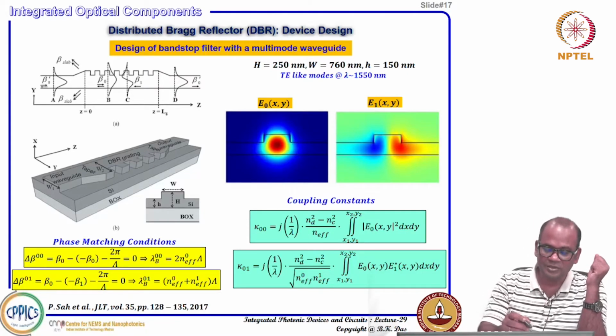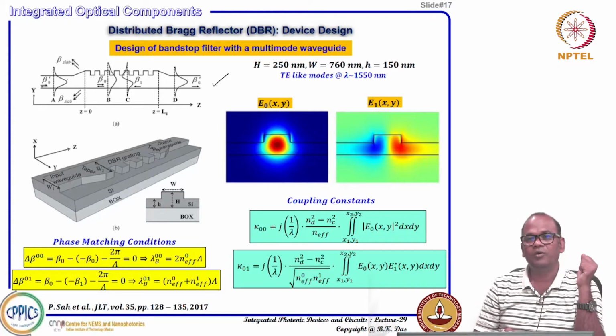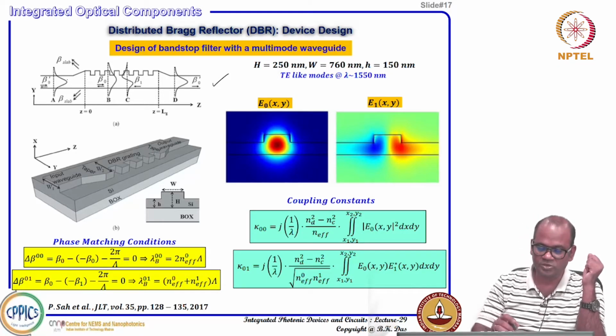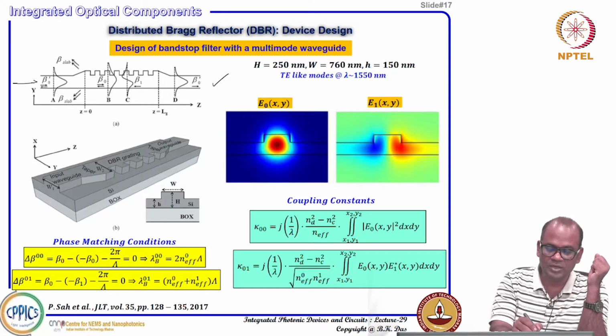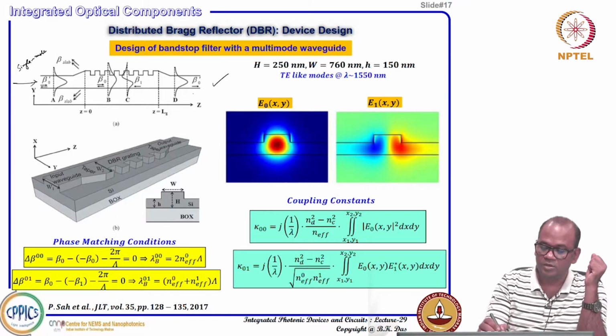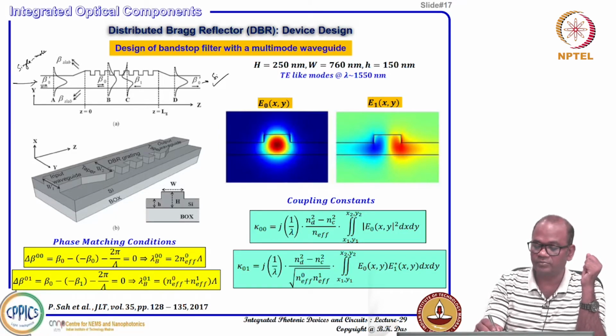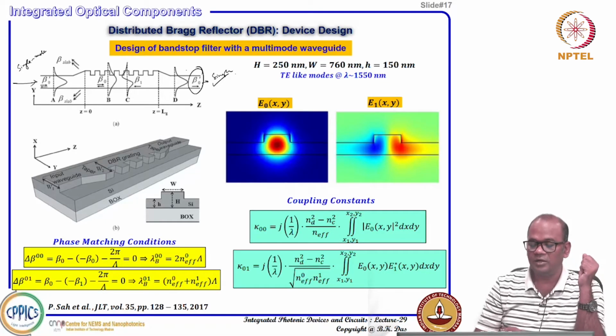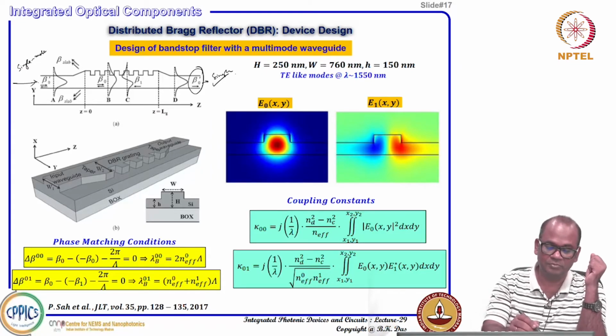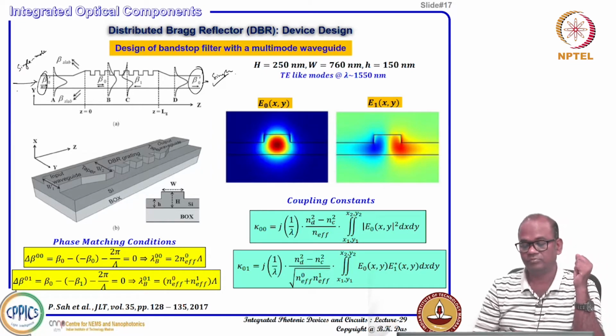Let us consider this top view, shown schematically, of the waveguide structure designed in a silicon on insulator platform. Initially the input side is a single mode waveguide. The output side is also a single mode waveguide, with propagation constant beta naught prime, both the same.